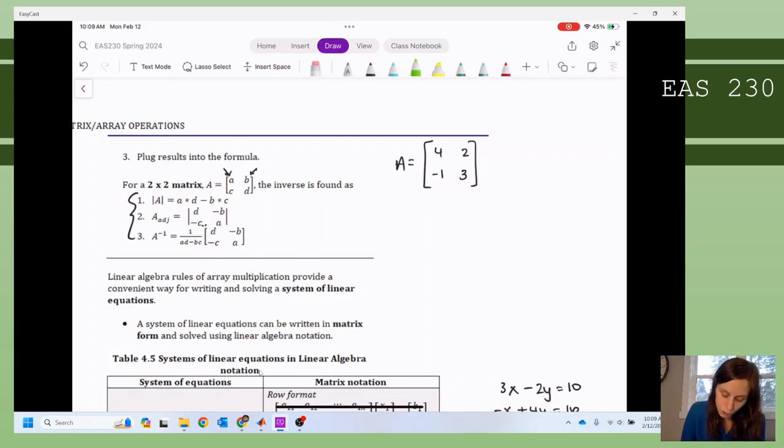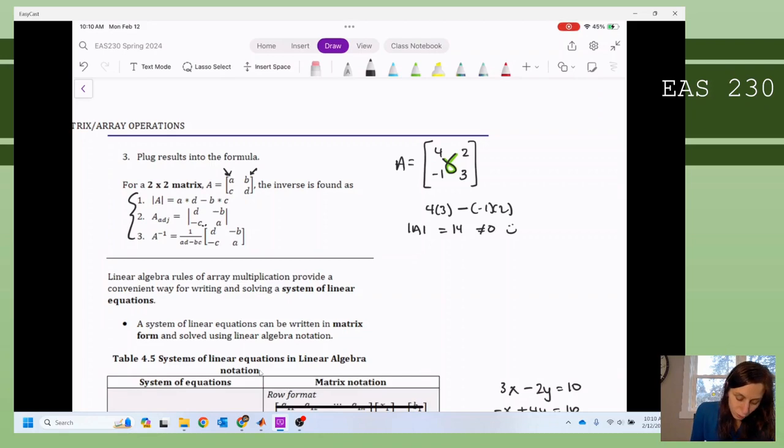So I like to draw a little fish here to demonstrate what we're doing. 4 times 3, A times D, minus -1 times 2. These elements minus these elements. So that means my determinant here is 12 minus -2, 14. My determinant of A is equal to 14. That's not equal to 0, so we're good. We're happy. We can go ahead and move on.